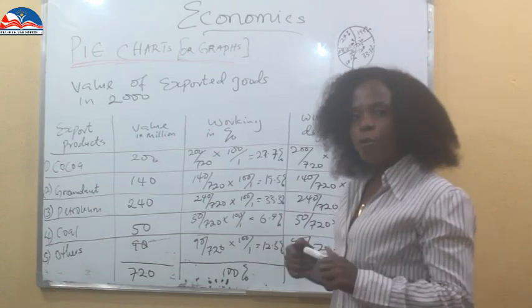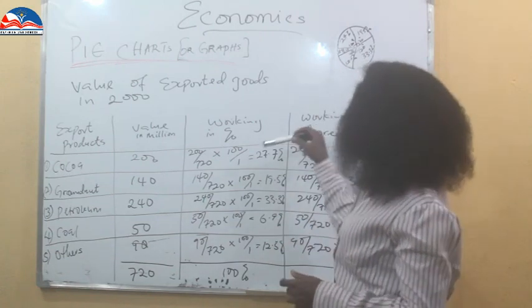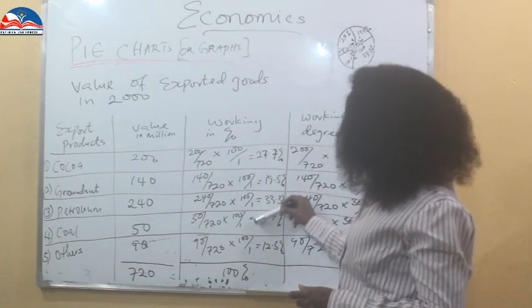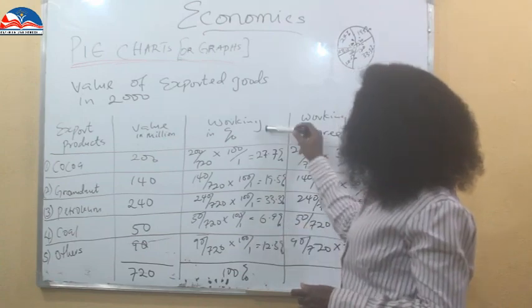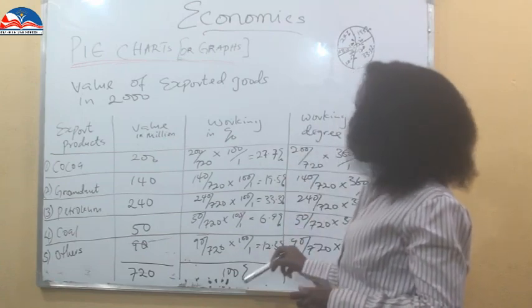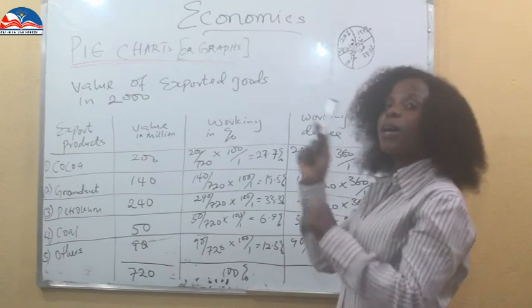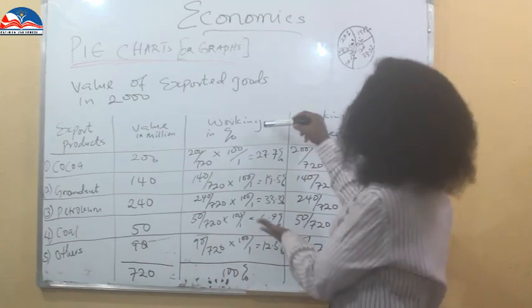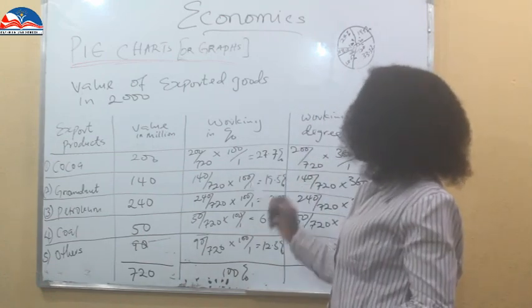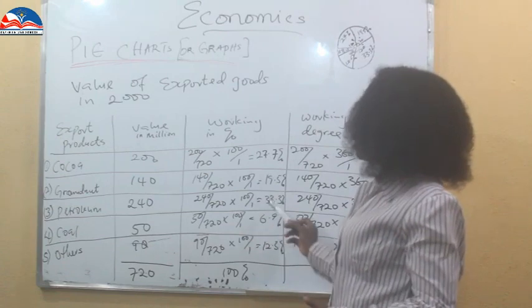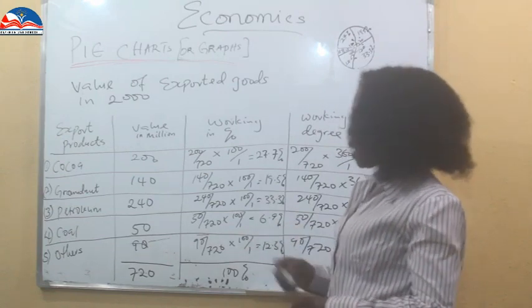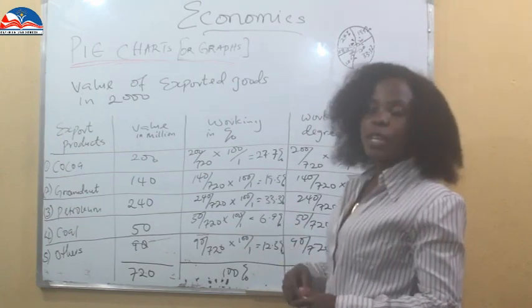To find out if what you have done is correct, sum up all the figures here. If your figures did not give you 100%, then you are wrong. Go back and recalculate. But if after summing 27.7, 19.5, 33.3, 6.9, 12.5, it gives you 100%.